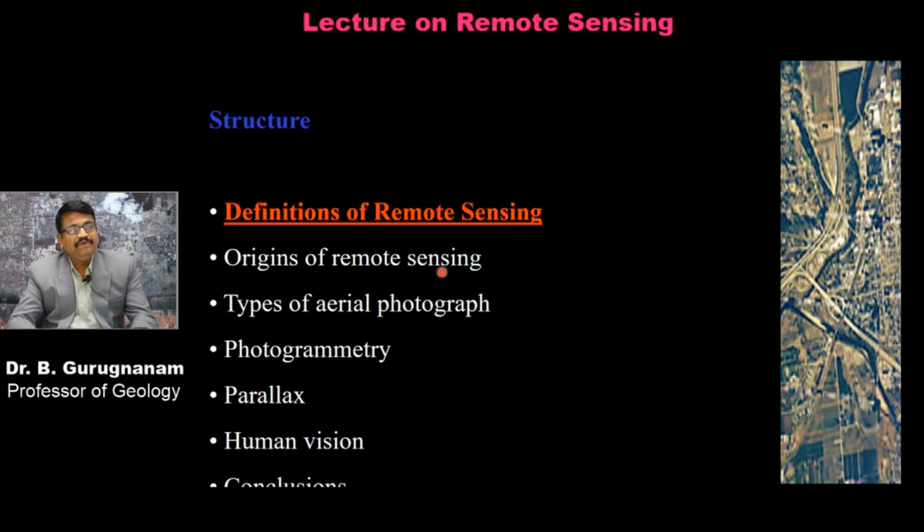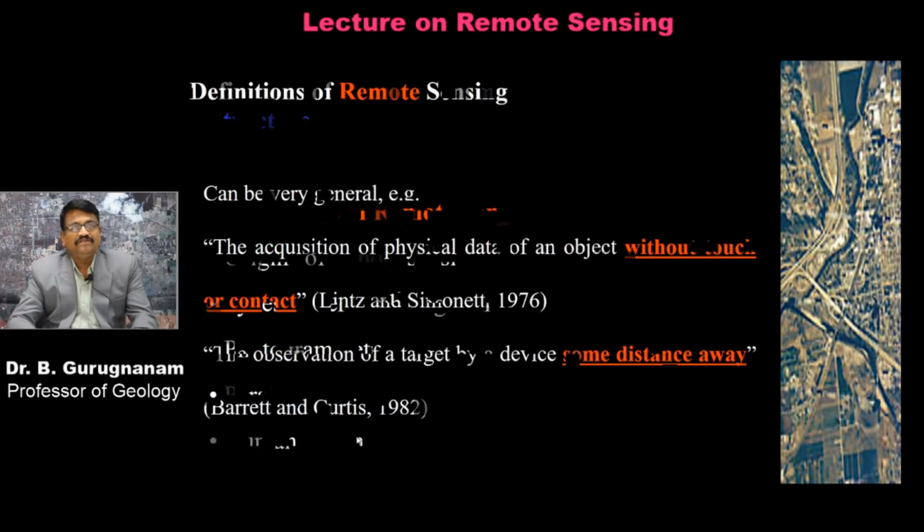Once you are familiar with visual interpretation, it will be easy to take up digital image processing and photogrammetry. Then, what parallax is, how it is linked with scaling the photograph, how human vision plays a role in looking from the satellite point of view, and finally to conclude the lecture.